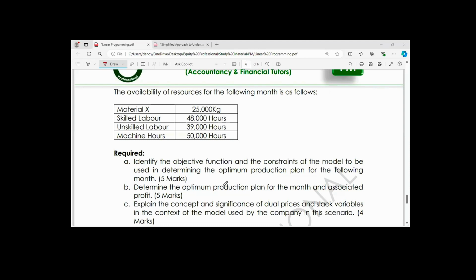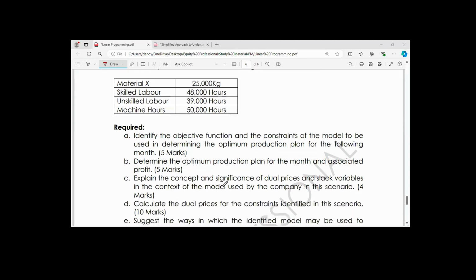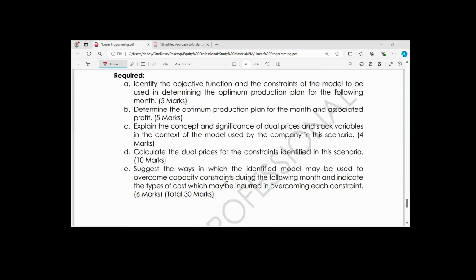C. Explain the concept and significance of shadow prices and slack variables in the context of the model used by the company in this scenario. D. Calculate the shadow prices for the constraints identified in the scenario. And E. Suggest the way in which the identified model may be used to overcome capacity constraints during the following month and indicate the type of cost which may be incurred in overcoming each constraint.